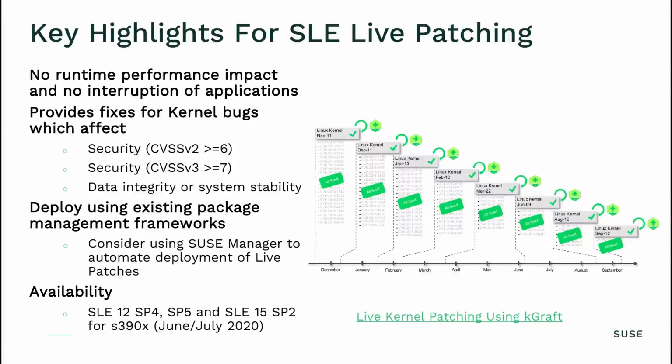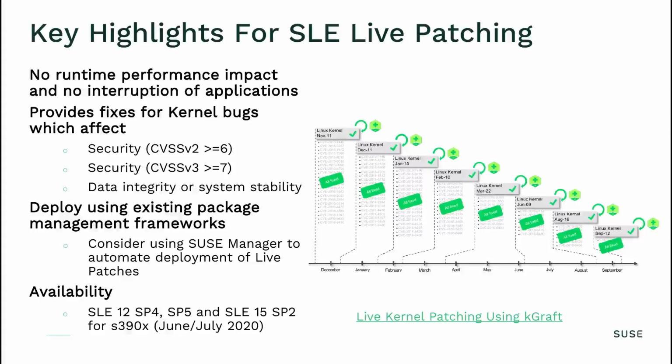SUSE provides fixes for kernel bugs based on a scoring system. The scoring system is called CVSS, Critical Vulnerability Scoring System. The latest version of that scoring system is version 3. If a particular bug scores 7 or higher on the CVSS v3 scale, then SUSE is going to create a live patch for it.